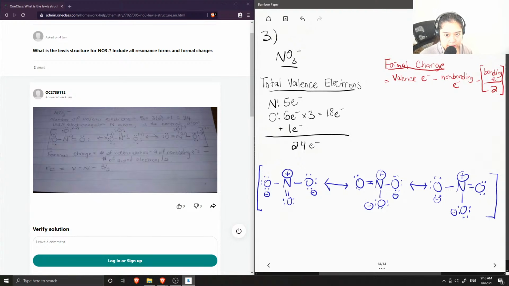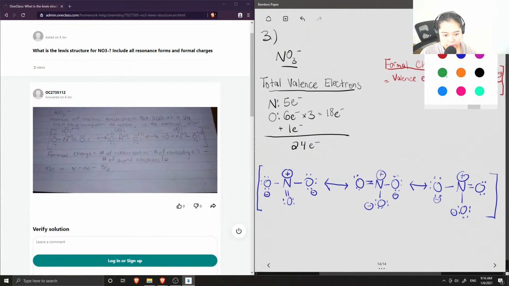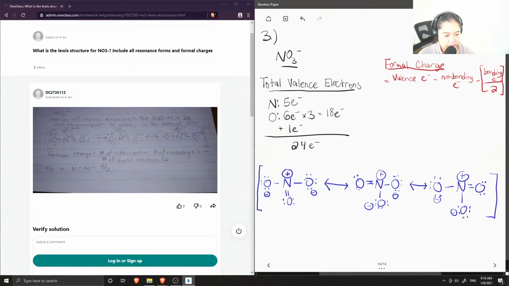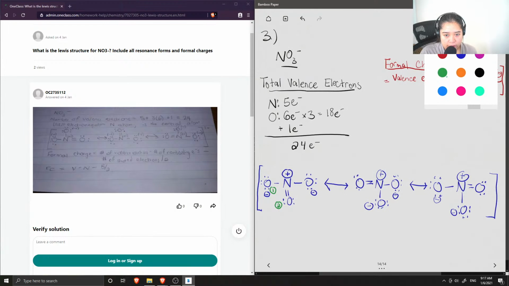This is the equation for formal charge. So I'll do the one on the most left, and I'll label all of the different atoms. So since these 2 oxygens are the same, I'll just label the 1. Oxygen 1 and 2.